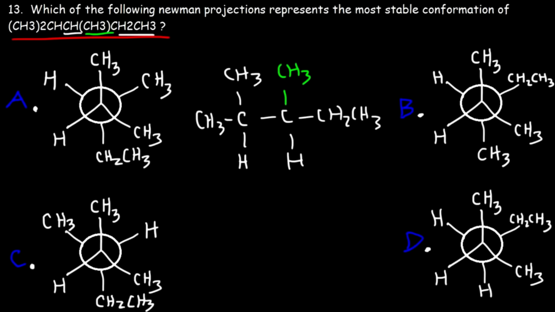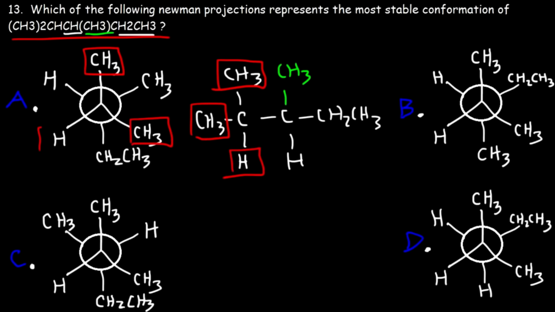So that's the structure that we have. And looking at the answers, we can see that these two methyl groups correspond to these two methyl groups. And this hydrogen also corresponds to it. So therefore, we're viewing it along the C2-C3 bond.